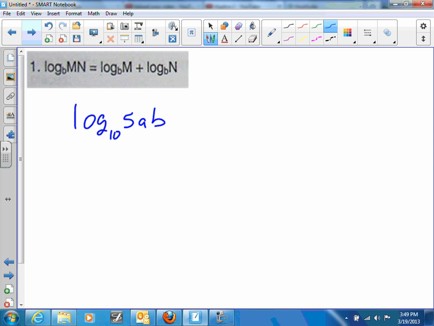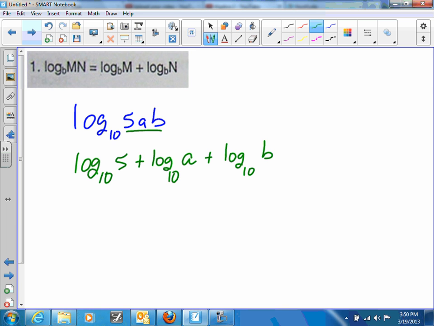Notice that 5, a, and b are all multiplication. So you can split this up into log base 10 of 5 plus log base 10 of a plus log base 10 of b. And you have three separate terms.